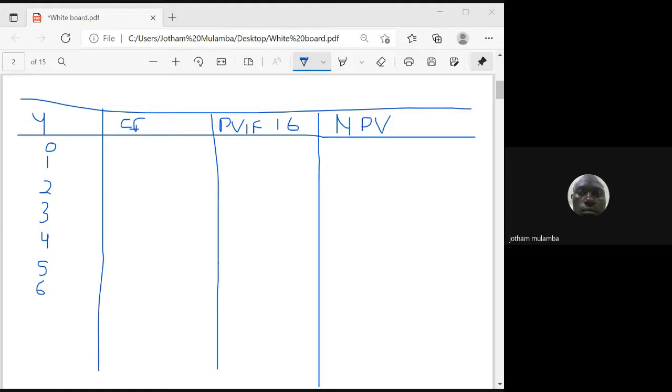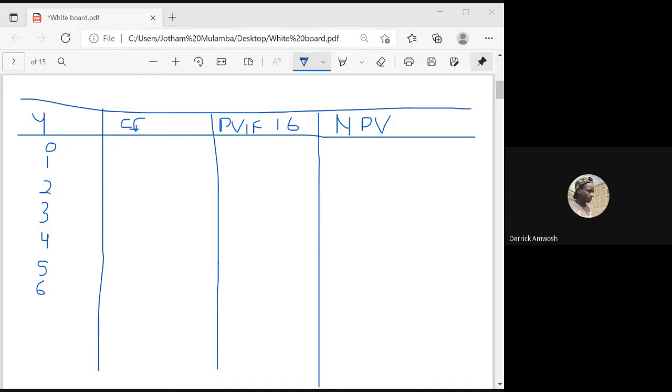I'm asking how do we find the present value interest factor? There's a table I shared last week. Were you present in last week's class? Yes, but I left earlier. I shared the table in the morning, for you to print last week.